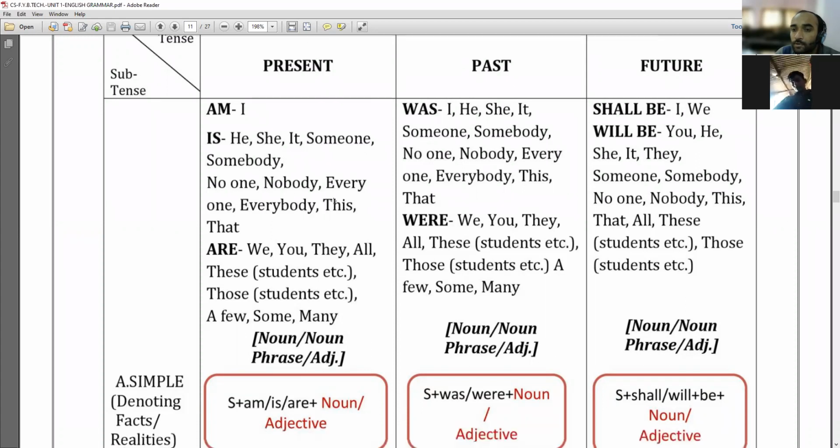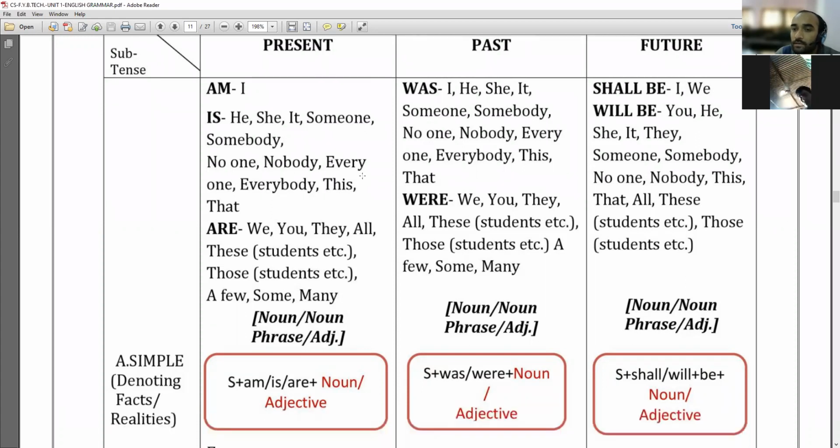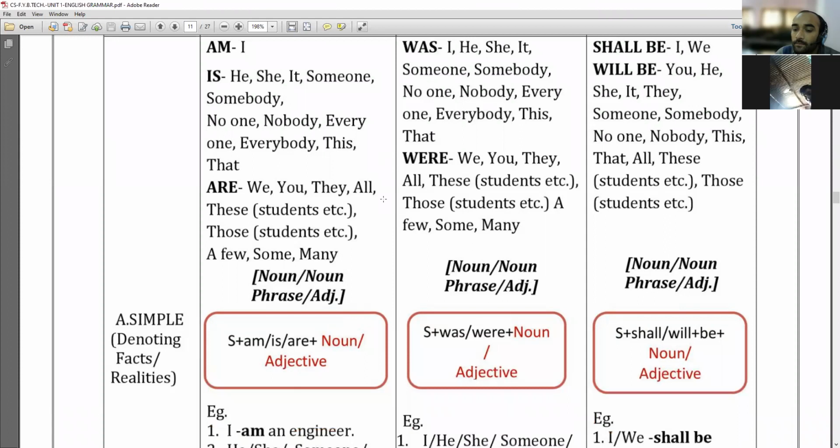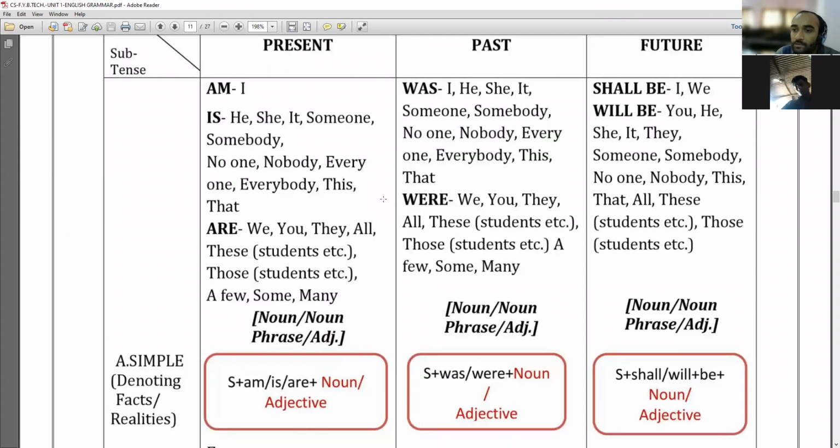So what about future tense, or if we are talking about the assumed facts or assumed reality in the future tense, then we can use the structure like subject plus shall be or will be plus noun or adjective.